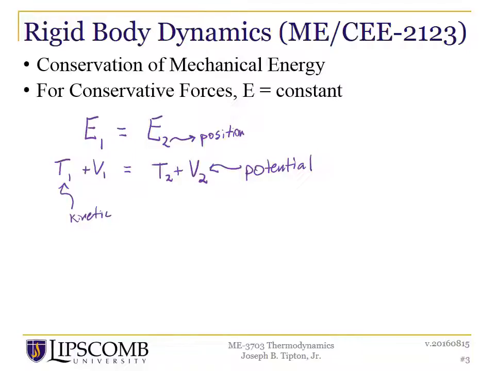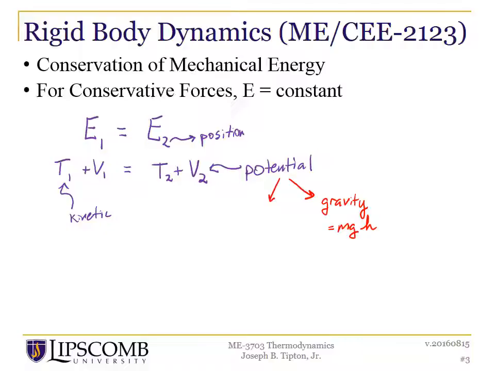And now both of those had different possible components as well. So for potential energy, we learned of two main components in terms of mechanical energy. One would be gravity, gravitational potential energy, and we would have written that as the weight, mass times gravity, times the height from some sort of datum.